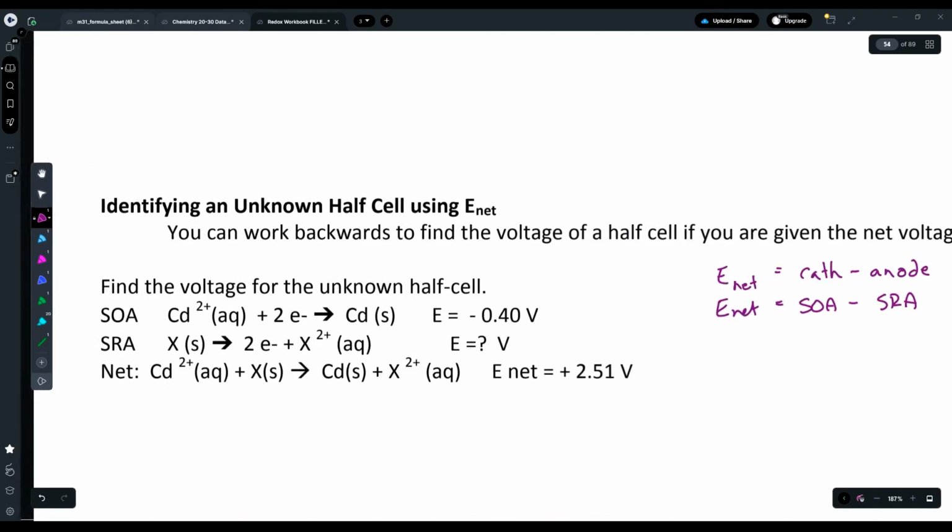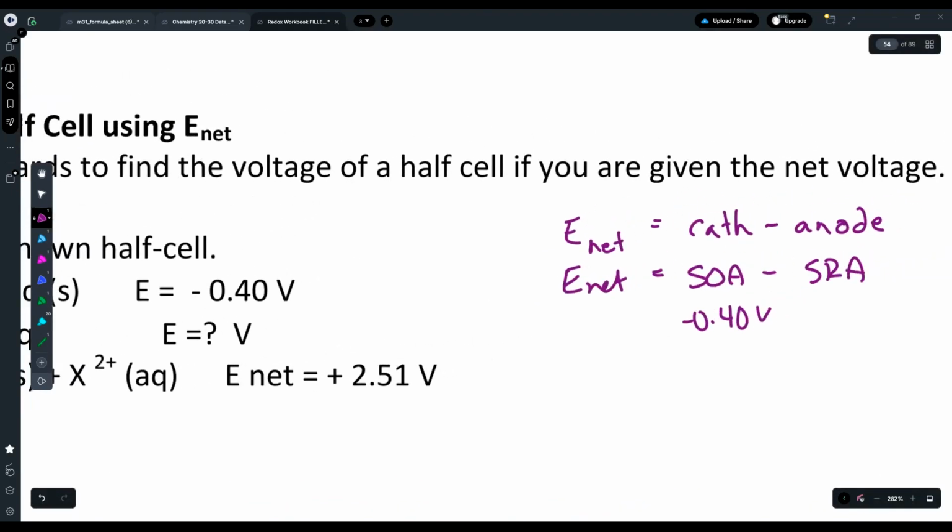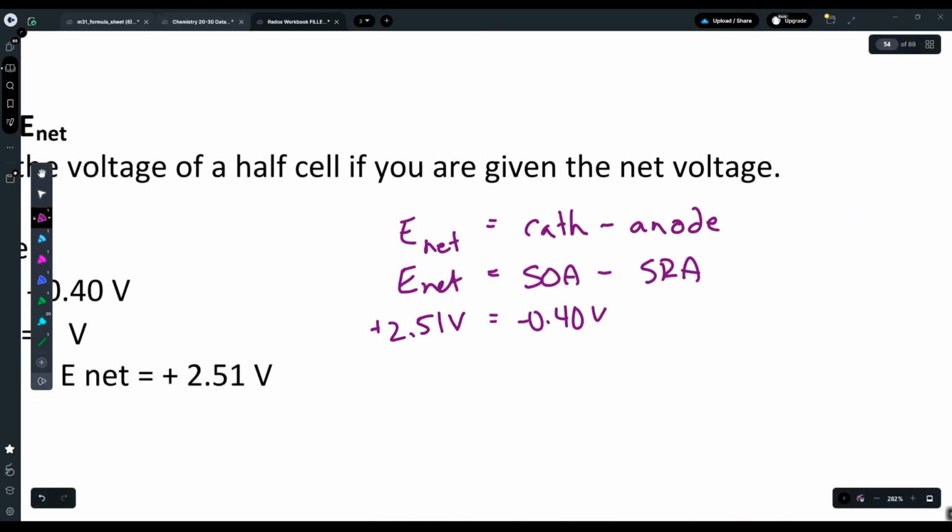So SOA, we're told, is negative 0.40 volts. The net potential or electrical potential is positive 2.51 volts, and we have no idea what the reaction at the anode's electrical potential is. So I'm just going to have an A as my stand-in for my variable. Now I'm just going to isolate for A. So I'm going to add 0.4 over.